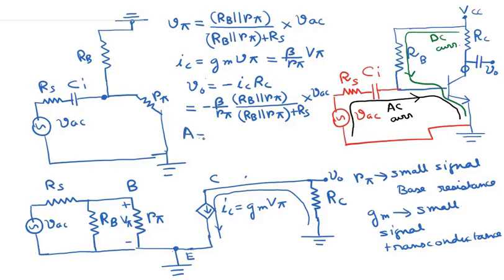So the gain A is equal to V0 divided by the input voltage, which is V0 divided by VAC, which is equal to minus beta divided by R pi into RB parallel to R pi divided by RB parallel to R pi plus RS.